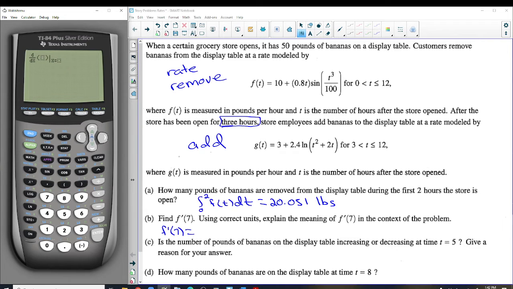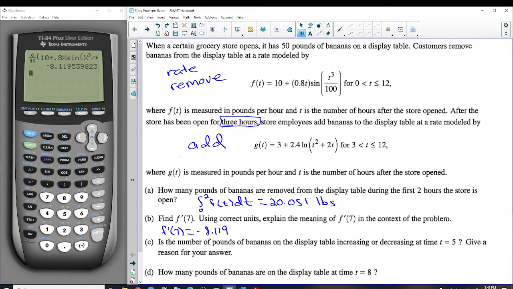So we're taking the derivative with respect to x. We have f, 10 plus 0.8t sine of t to the third divided by 100. And we're evaluating that at 7. So we get negative 8.119.